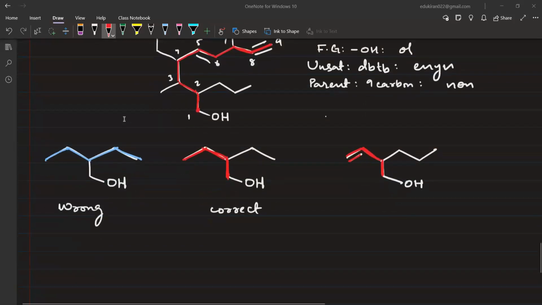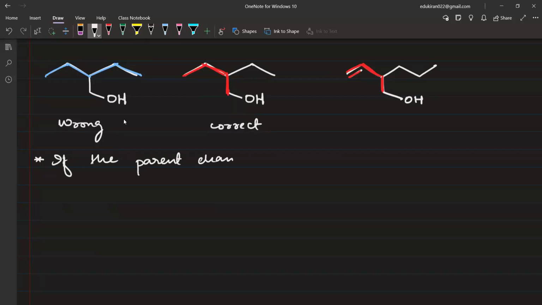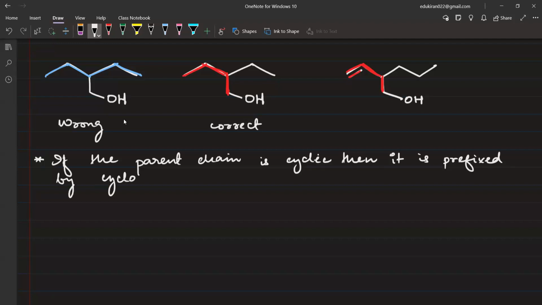Now, right, next point. If the parent chain is cyclic, then it is prefixed by cyclo.